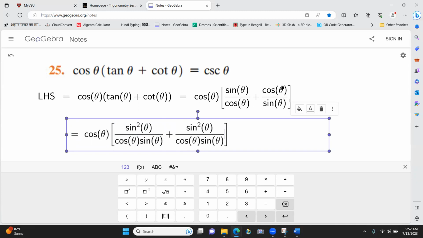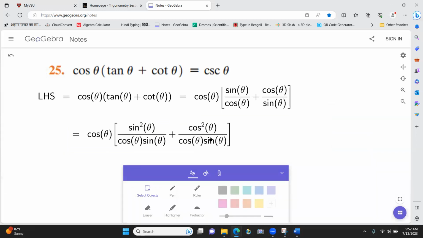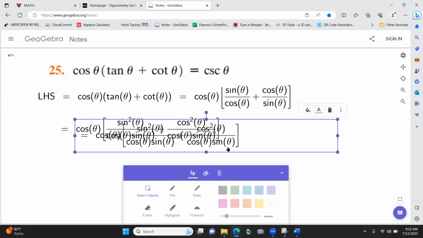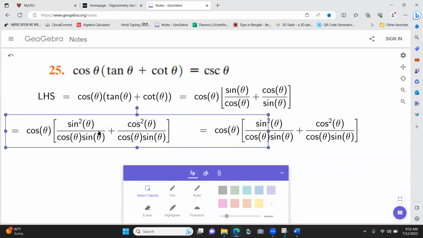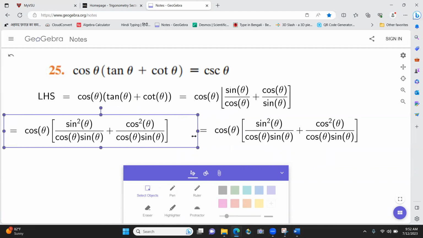If I multiply cosine squared theta here, I'm going to get a cosine squared theta on top. The denominator will be the same. And that's not bad, guys, because now I have the same denominator. If I have the same denominator, I can simply add the numerators.